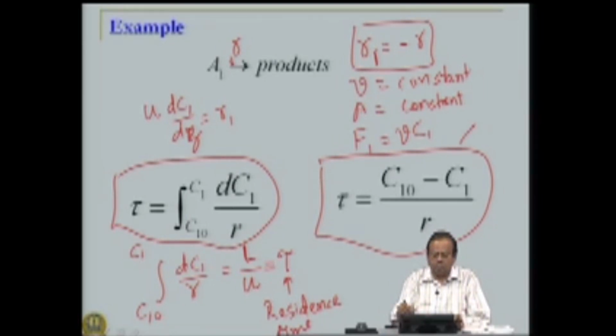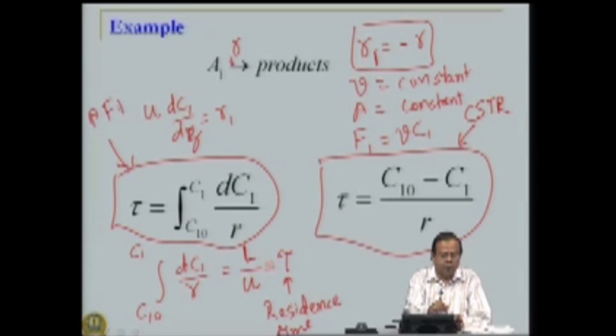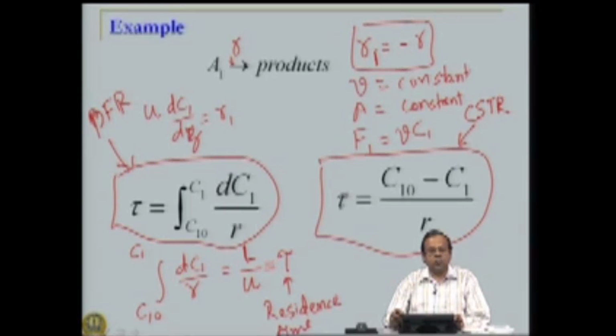This is for the stirred tank reactor, CSTR as we refer to it. This is for the plug flow reactor or PFR. So, these are two mass balance equations, and we would like to see which of these two reactors gives better performance.